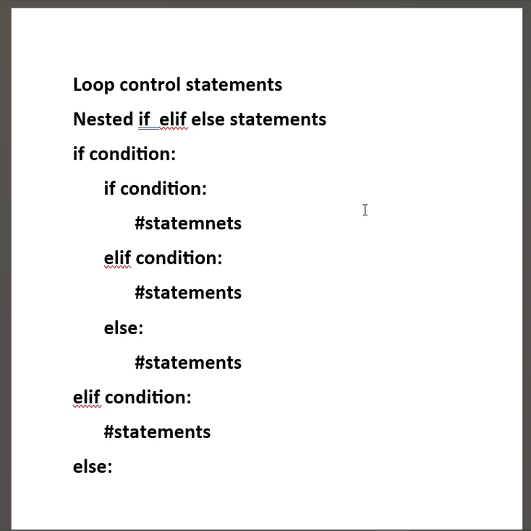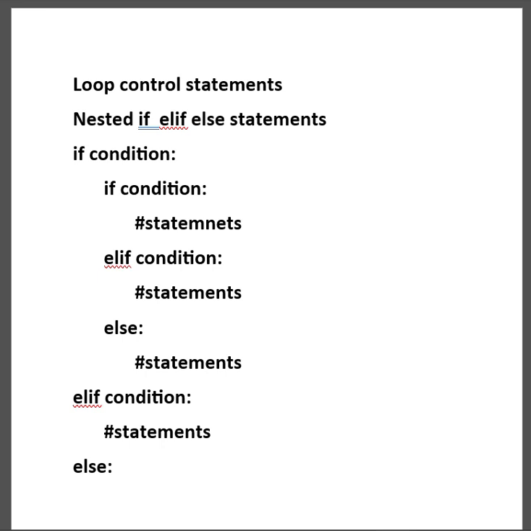Okay, we can see an example for nested if else statements. The person's age is 20, and he has an ID card.